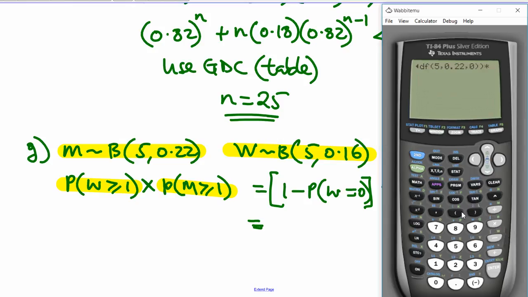Multiplied by 1 minus, again, PDF, 0.16. Plug in. Close the bracket. All right, and you have your answer: 0.414.